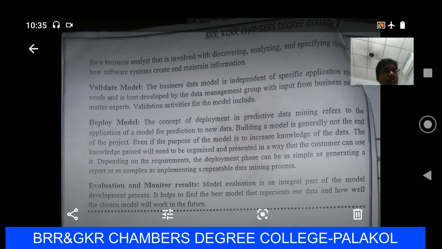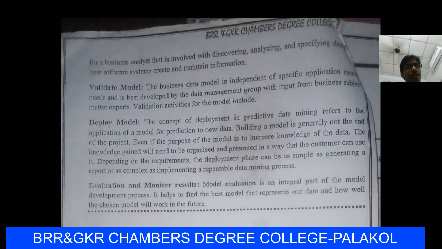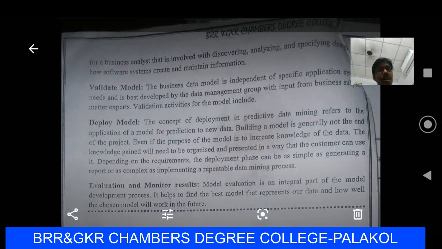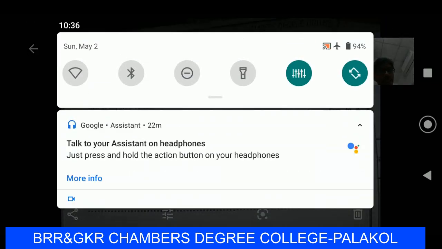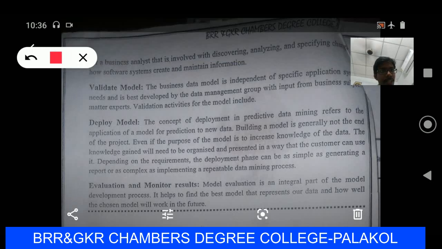Data mining refers to the data we collected and maintained in the database, and the application of the model for prediction of new data.